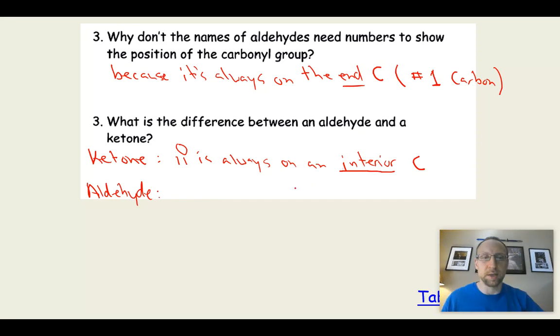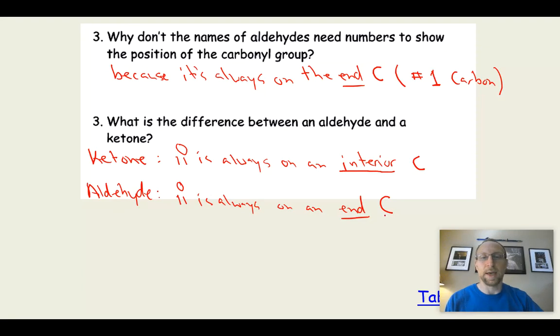So for the aldehydes, we just said the double O is always on an end carbon. All right, so that's the difference between them. They're both the carbonyl groups, that's C double O, but in the ketone, it's always on the interior carbon, and in an aldehyde, it's always on an end carbon.